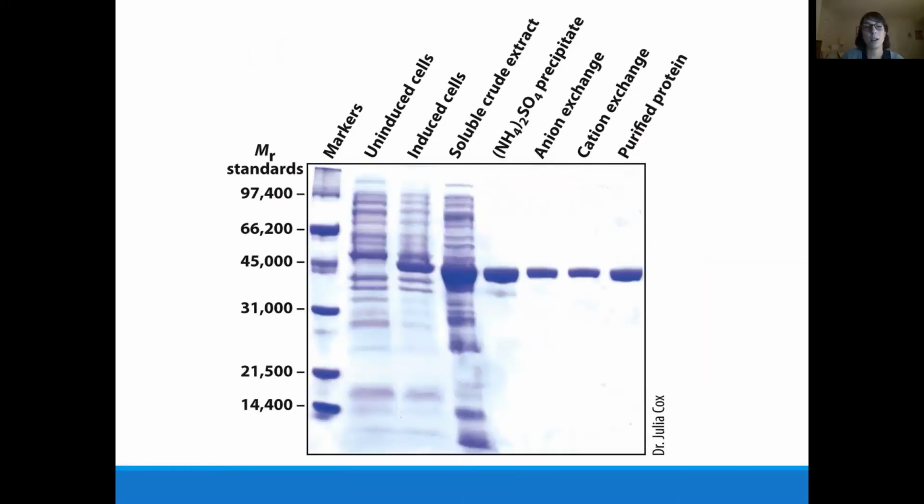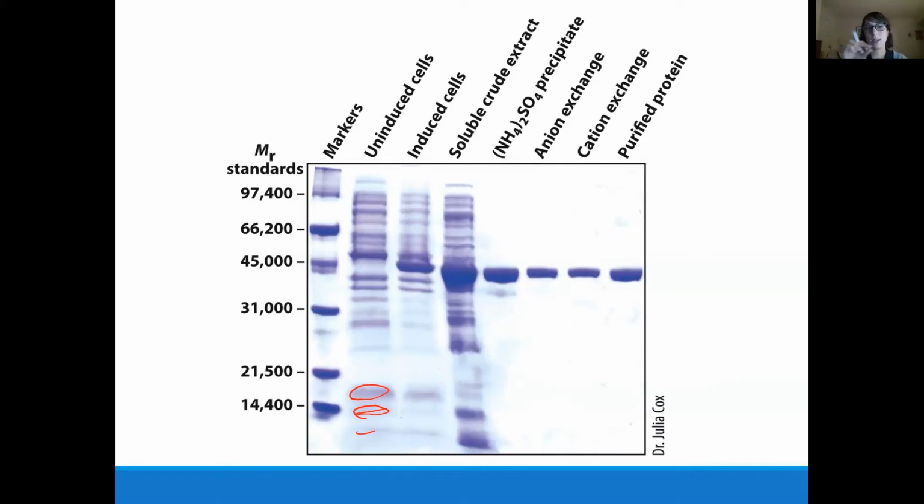Here's an example of an SDS PAGE and how you might use it. Here we can see each of the wells that has then been run. In these beginning wells, you can see there are multiple bands. Each of these bands represents a particular protein.